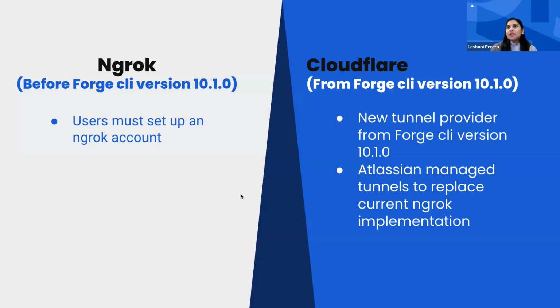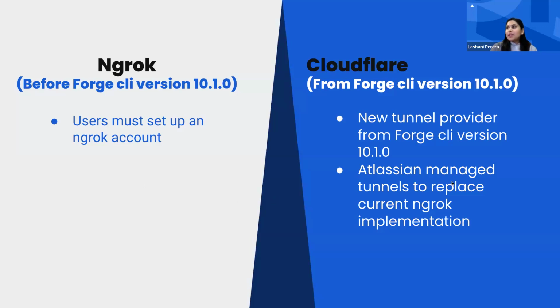As an example, Ngrok doesn't support anonymous users, so developers needed to set up an Ngrok account and set credentials before using the tunnel, which is no longer a requirement with Cloudflare.